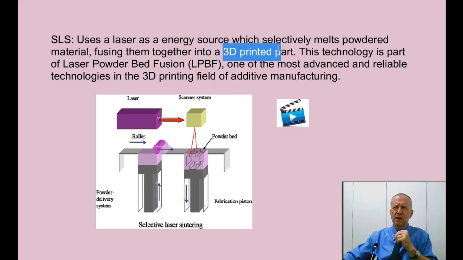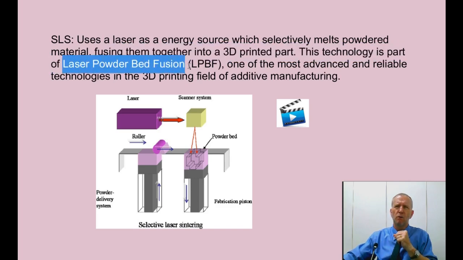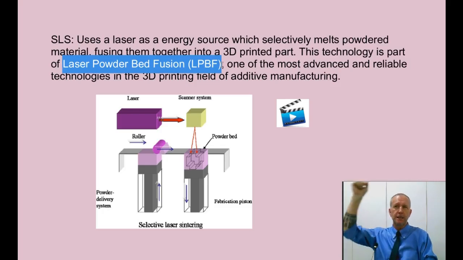And they'll fuse together, fusing, that's the English, fusing them together. Now this technology is actually part of what we call laser powder bed fusion. That's because there's more than one. SLS is just one of the ways.